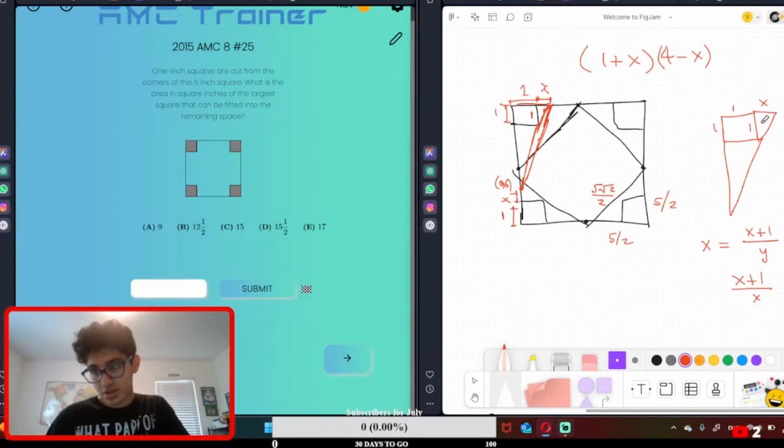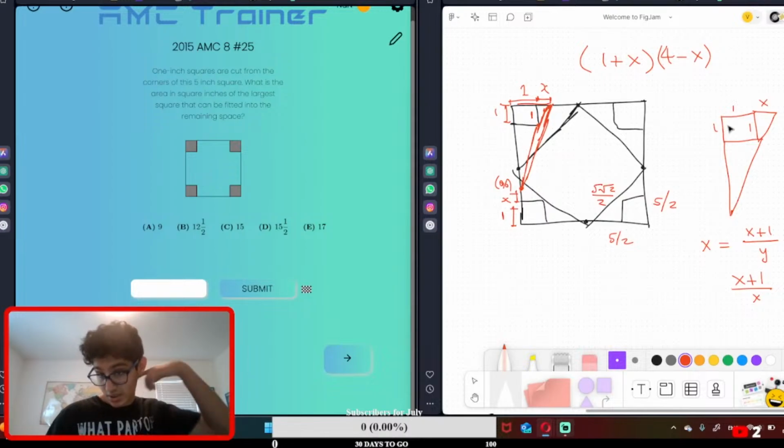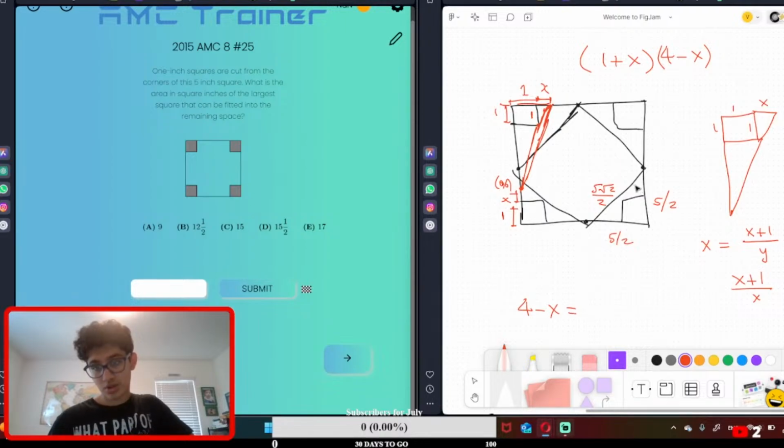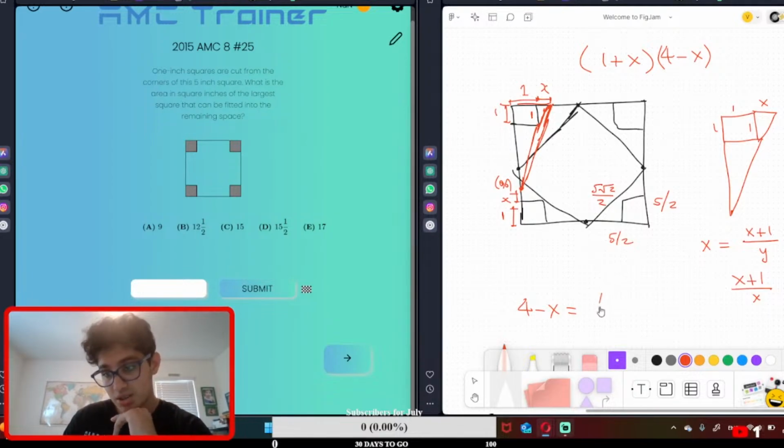So we've got a ratio of x over 1 here. We have x over 1. So this height over here, from here to here, which we already said is equal to 4 minus x, should equal x plus 1 over x. Okay, 4 minus x should equal x plus 1 over x, basically.